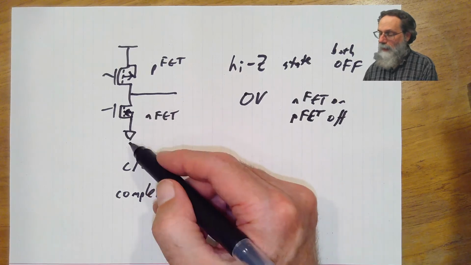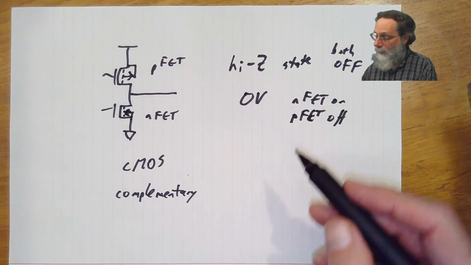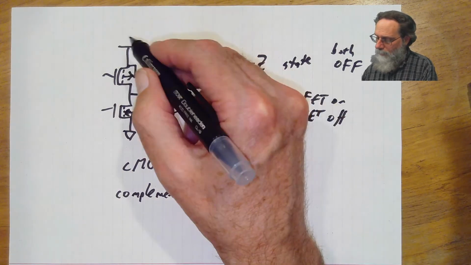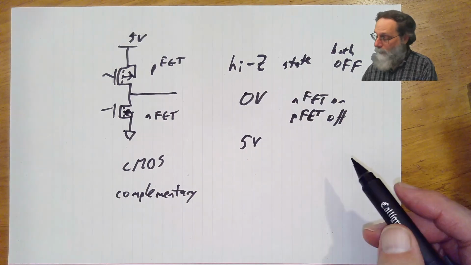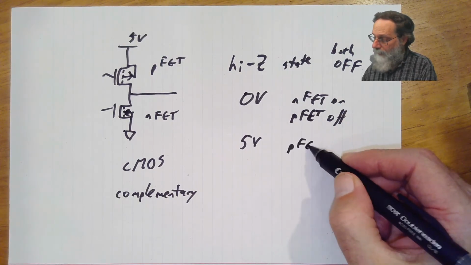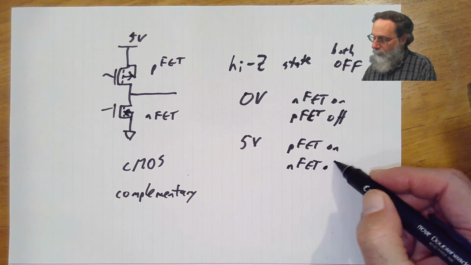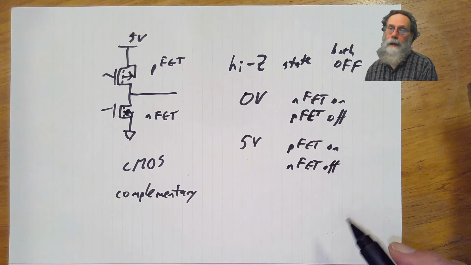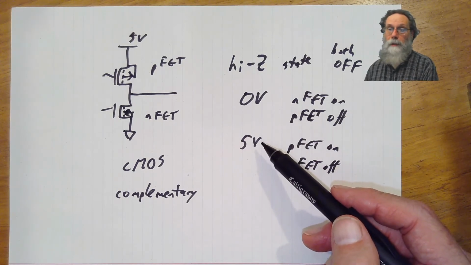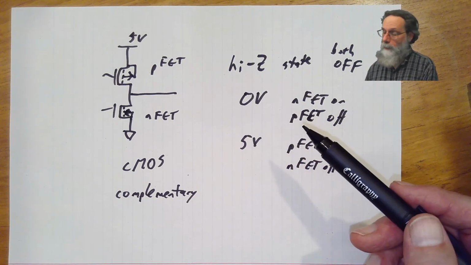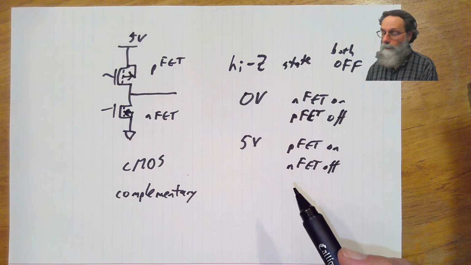So connected down to ground here, but not connected up to the power supply. Let's call this 5 volts. We can have 5 volts on the output if the PFET is on, but the MOSFET is off. And we can have this 0 volts and 5 volts actually be very, very close to 0 volts and 5 volts because we can make the on resistance of these transistors quite small.